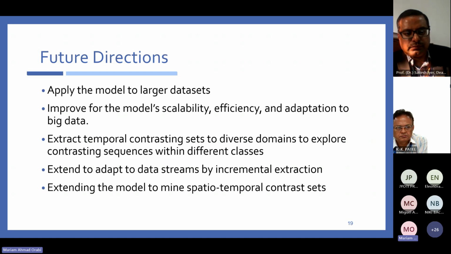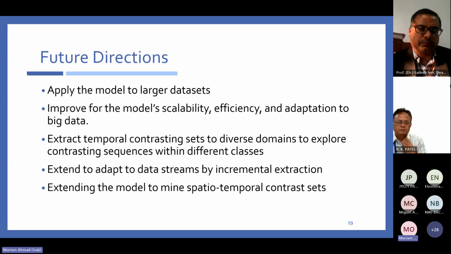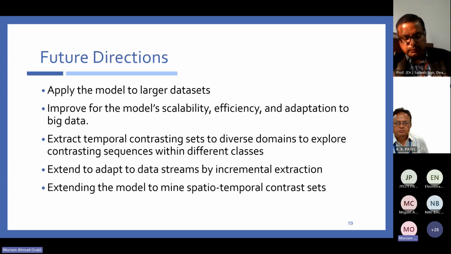We suggest extracting temporal contrast sets in diverse domains to explore contrasting sequences within different classes, not only for educational datasets. We would suggest extending it to adapt to data streams by incremental extraction of the contrast sets, and extending it to mine spatiotemporal contrast sets.